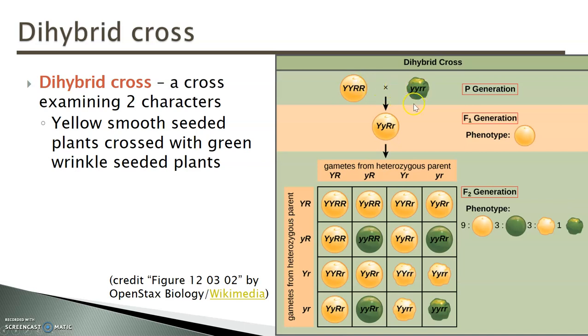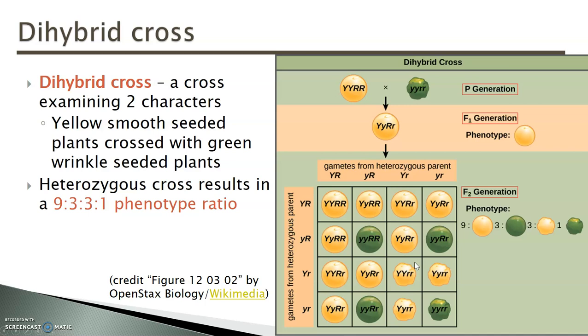So when those are bred together, we see the same phenomenon that we saw earlier in that all of the offspring are the same. They all look dominant. They're both yellow and smooth. But when we take these heterozygotes and breed them, that's when we get the interesting stuff that comes out. And this ratio is something that you should know. So this heterozygote cross gives us a 9 to 3 to 3 to 1 ratio. So again, this is phenotype.